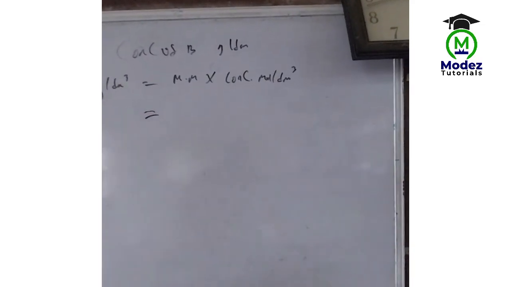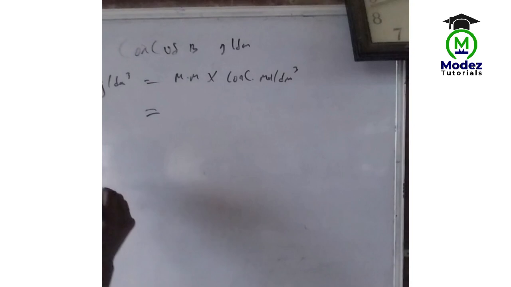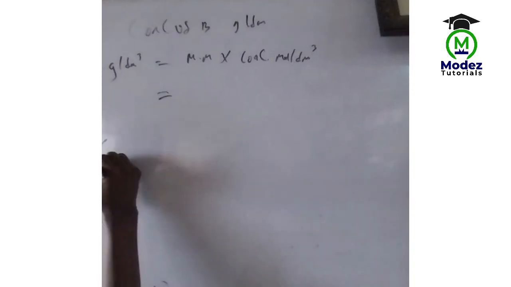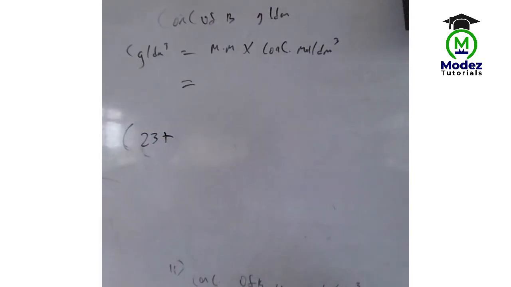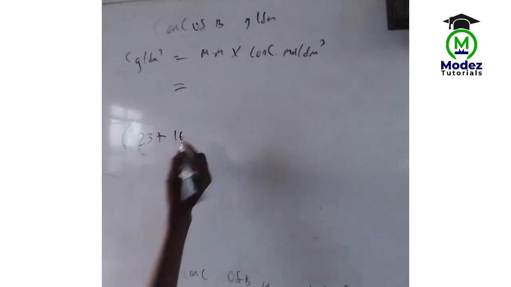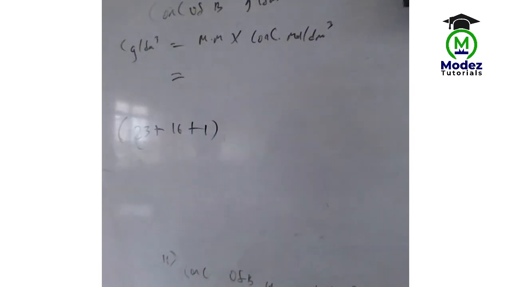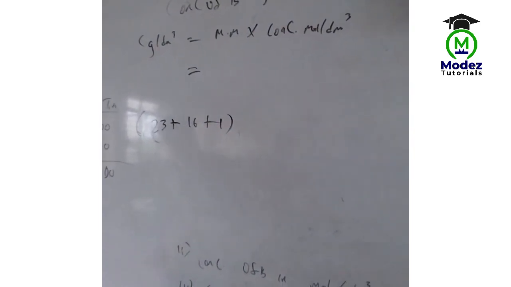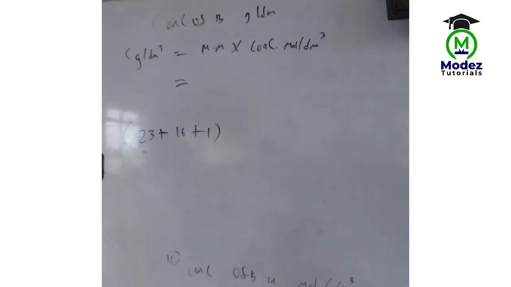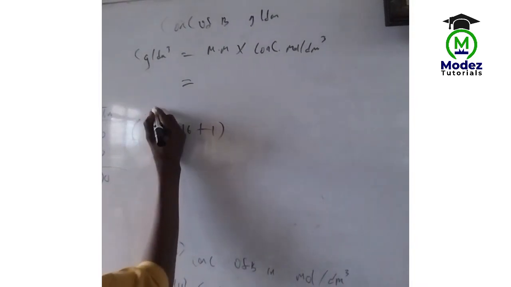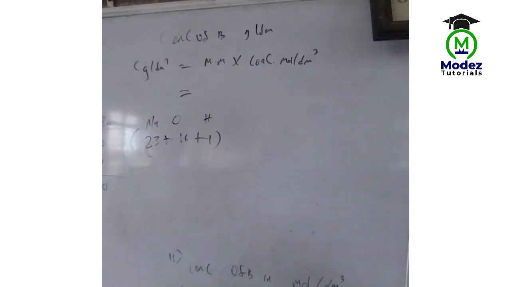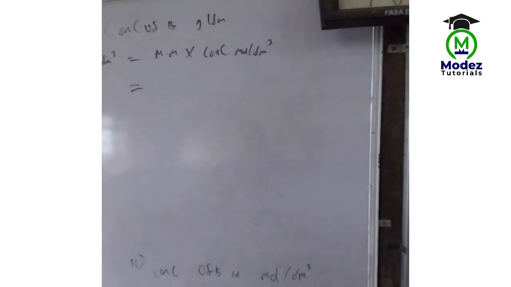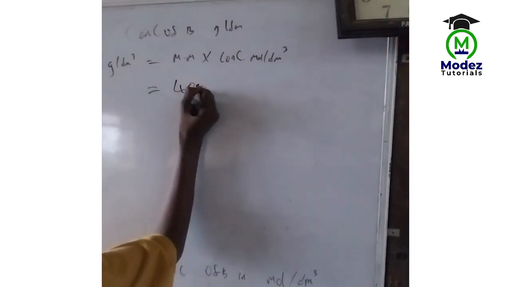The molar mass of sodium hydroxide: sodium is 23, oxygen is 16, and hydrogen is 1. When you add them together, you get 40.